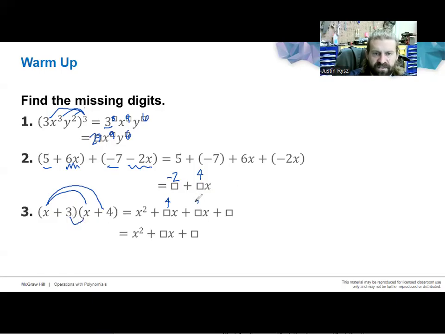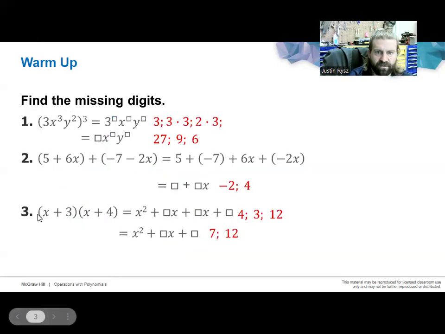We're going to do 3 times x, and then 3 times 4 is 12. We can combine the like terms, and we will get x squared plus 7x plus 12. We do all right here. Let's see. Clear all my drawings. That's right. I guess what I probably could have written here, 3 times 3 and 2 times 3.